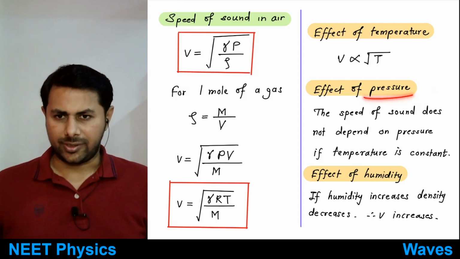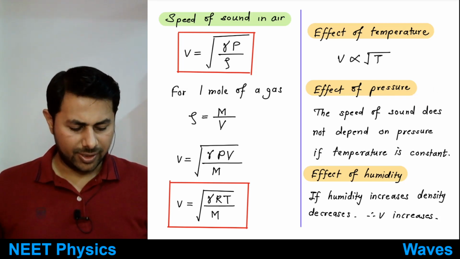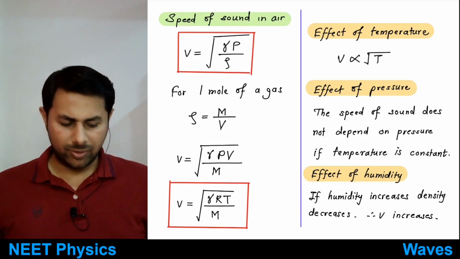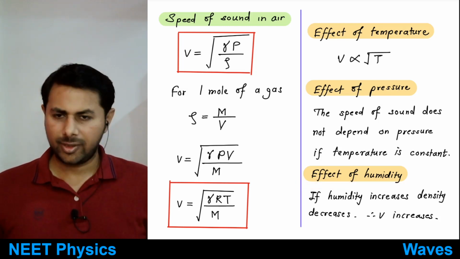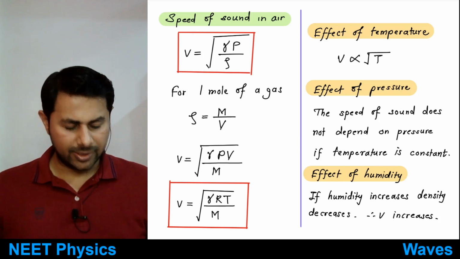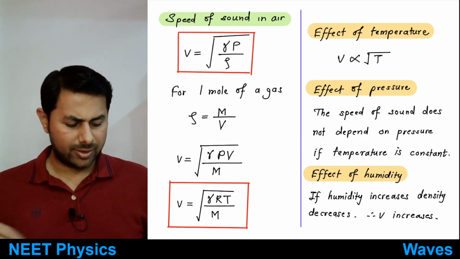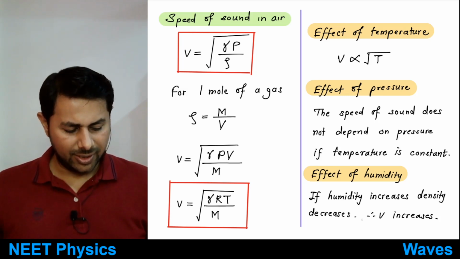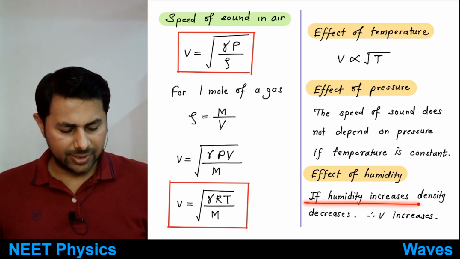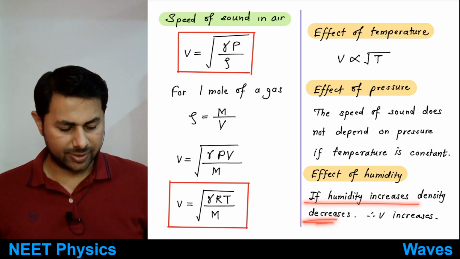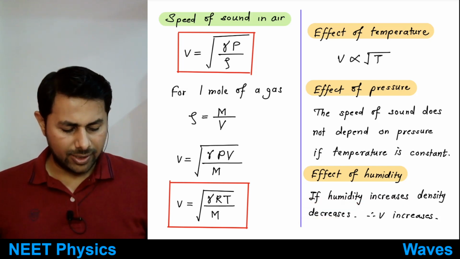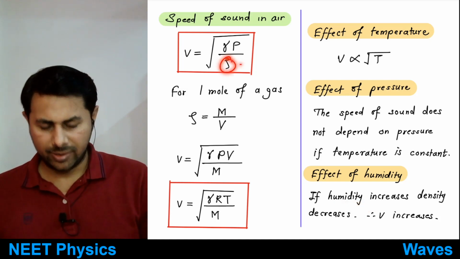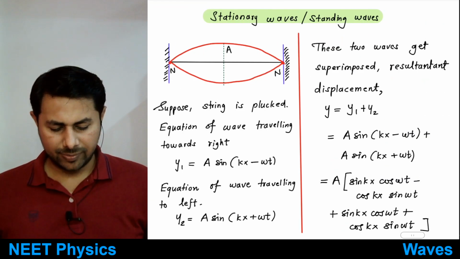If pressure changes, and then the next thing is humidity. Now we know that moist air is less dense. If humidity increases, density decreases, right? Density decreases means the speed will increase.